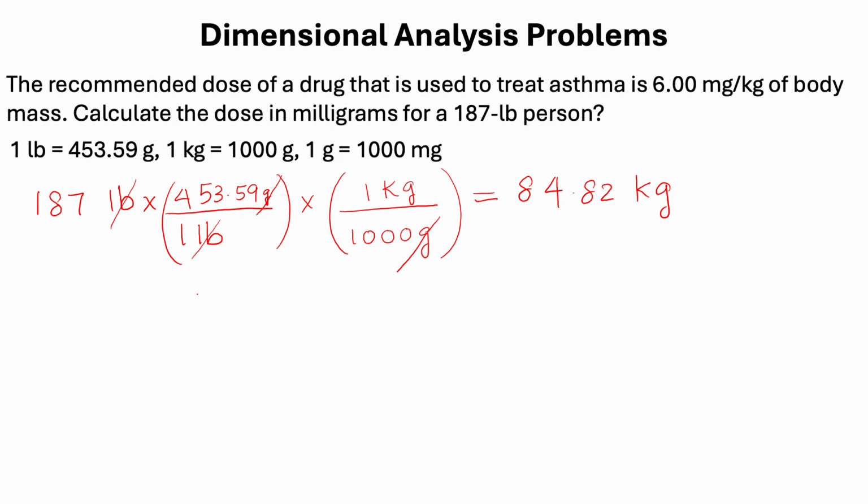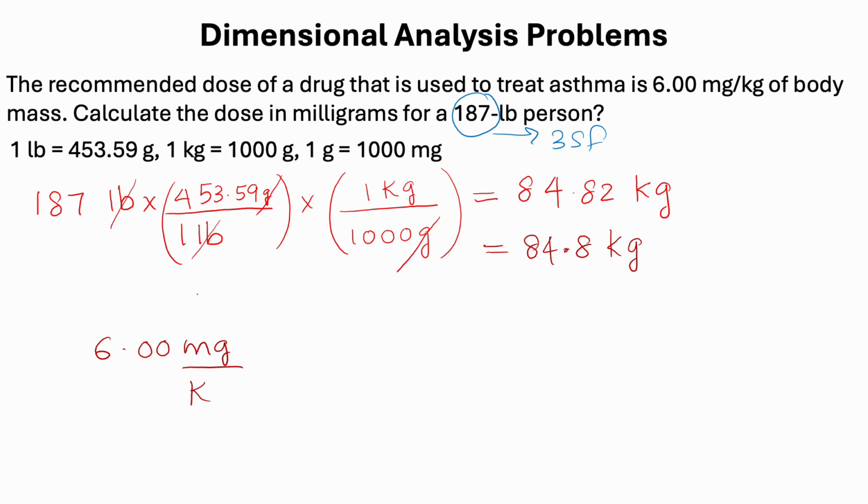If we go with the significant figures here in the given number, 187 has 3 significant figures. Therefore, your answer here should be with 3 significant figures, 84.8 kilograms.